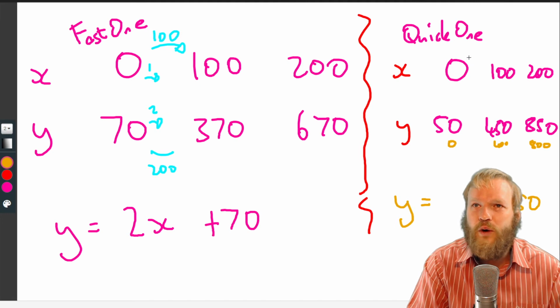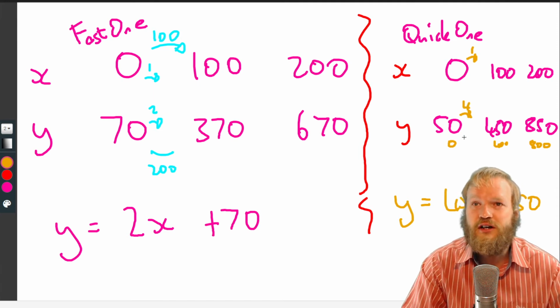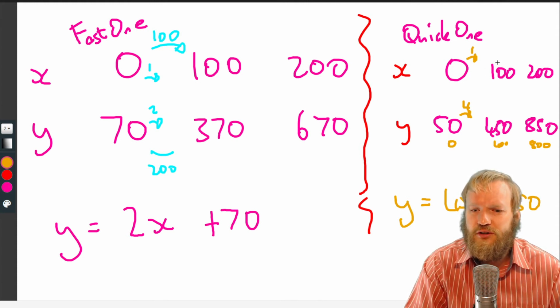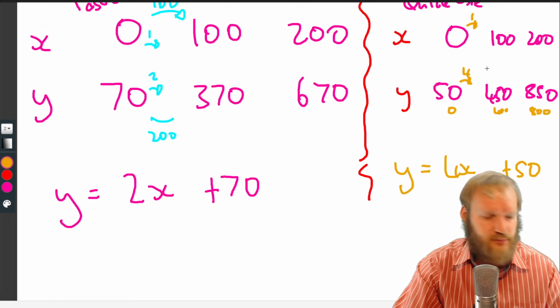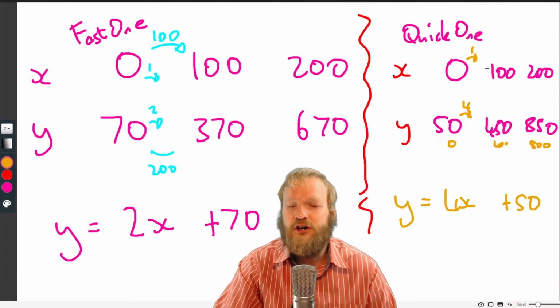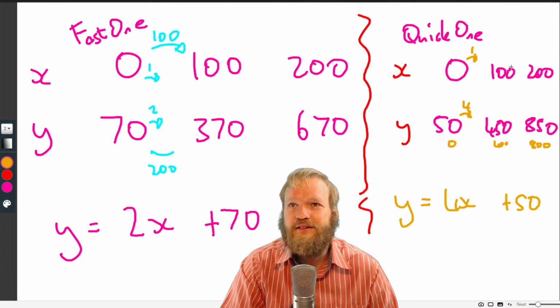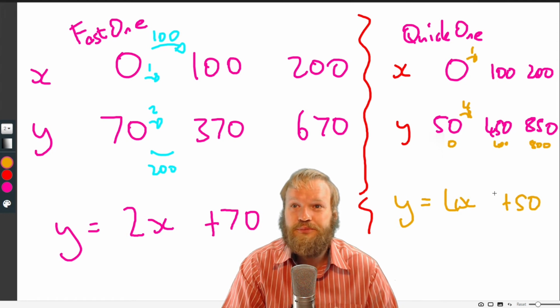So for every 1 we go across, we're going up by 4 this time. Let's write it down and check. So if we input 100, 4 times 100 is 400, plus 50, so it seems to work.